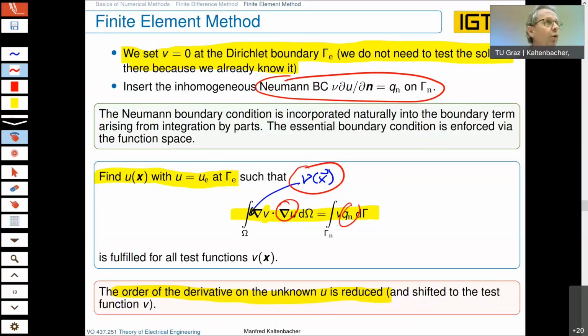And you even can show then when you discretize, because in most cases we get also no analytical solution for the weak formulation. When we now go the next step, meaning discretizing the computational domain, making some ansatz for the unknown U, that we get a numerical solution, you can even then prove that you get the best possible numerical solution, which does not mean it's the most efficient method.